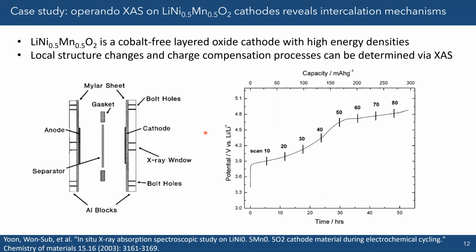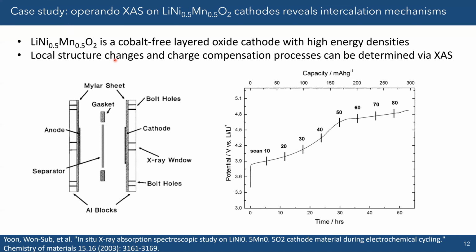In this paper, they performed operando XAS on standard nickel manganese oxide cathodes. You'll see that they can get a lot out of this XAS data. By operando XAS, I mean that they're running XAS measurements as the battery is charging.